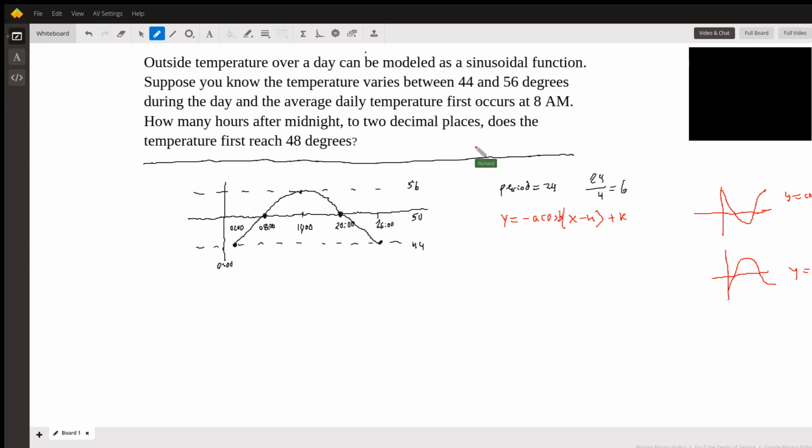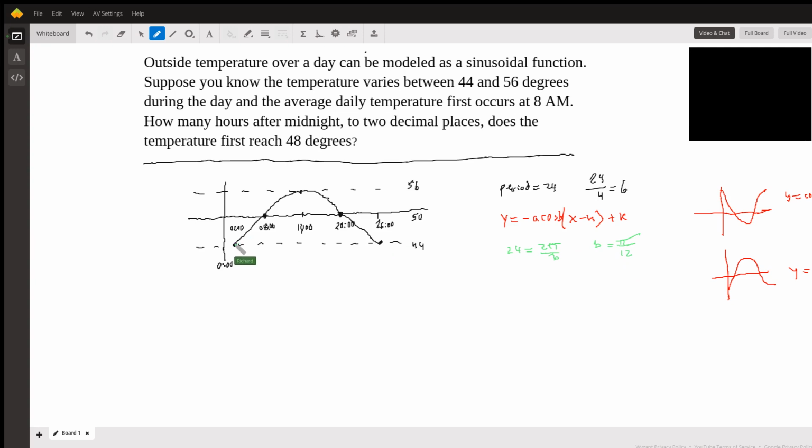And we have to start filling these pieces in. Let's start with the period. The period is 24, so 24 is equal to 2 pi over b. So that tells me b is equal to pi over 12.